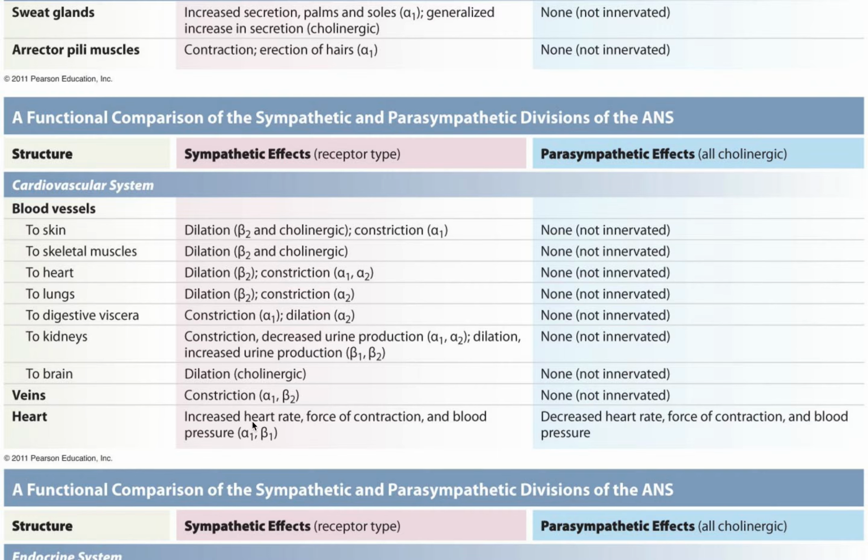So sympathetic is going to increase heart rate, force of contraction, and blood pressure. Parasympathetic is going to do the opposite: decrease heart rate, force of contraction, and blood pressure. So dual innervation is that most organs are innervated by both the sympathetic and parasympathetic, and they're going to have opposite effects.